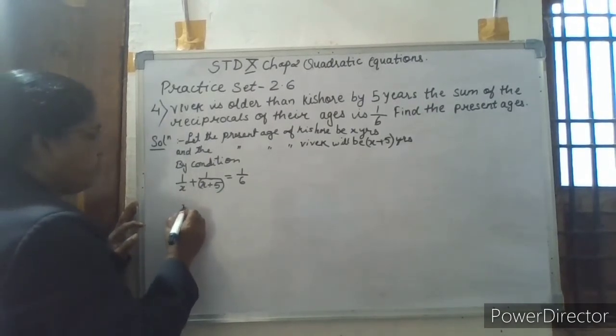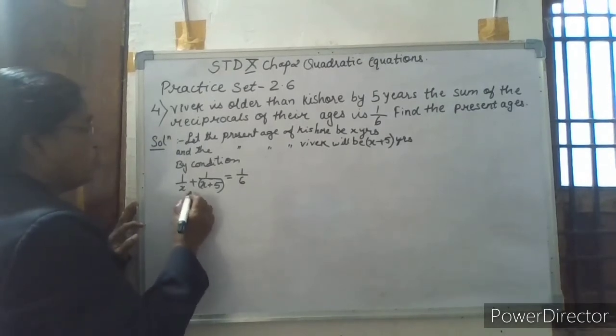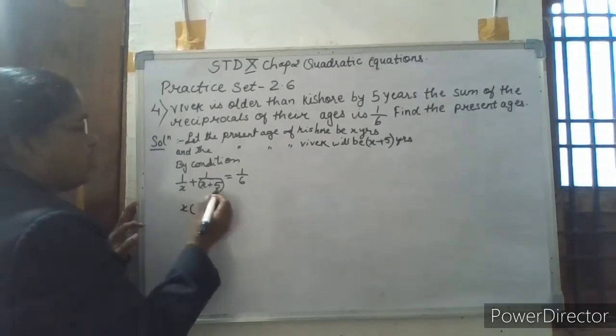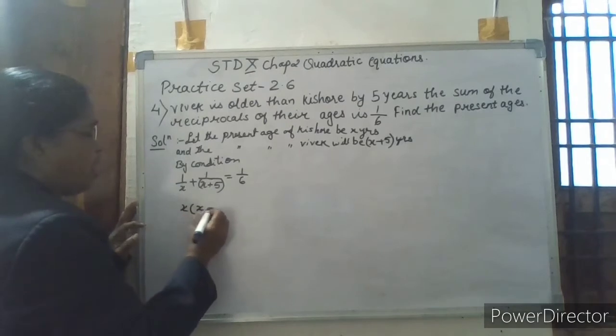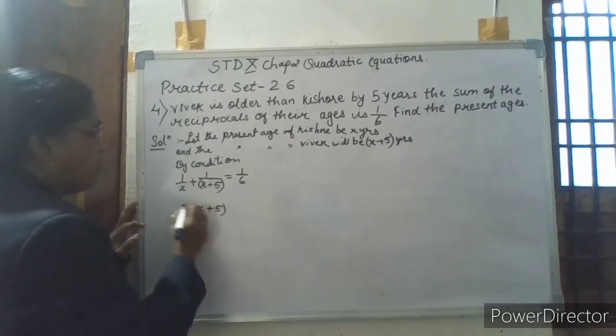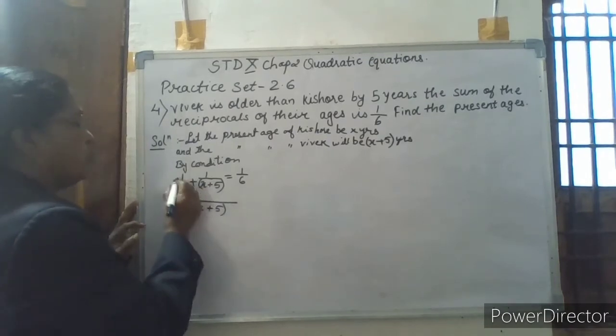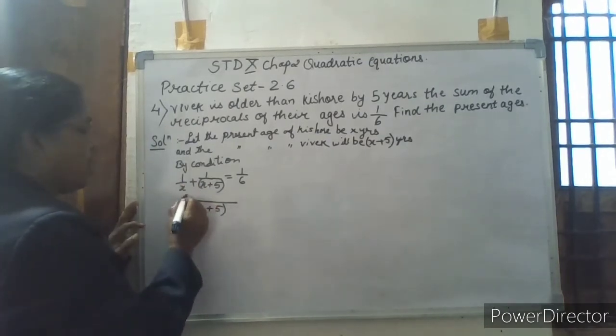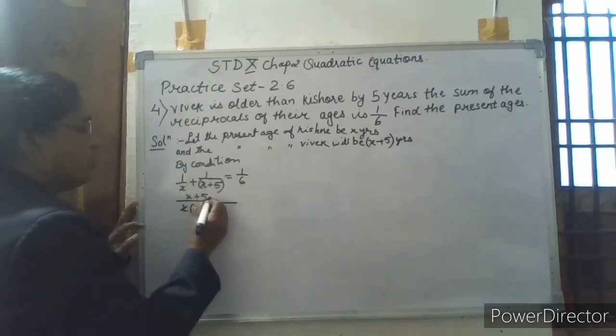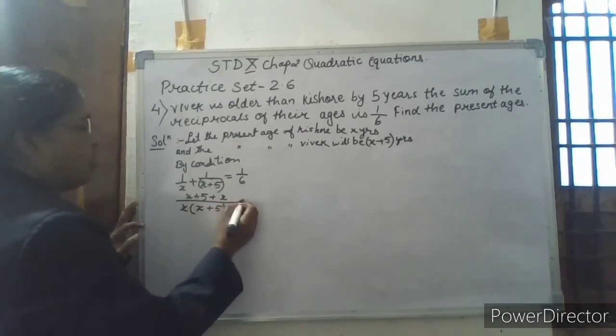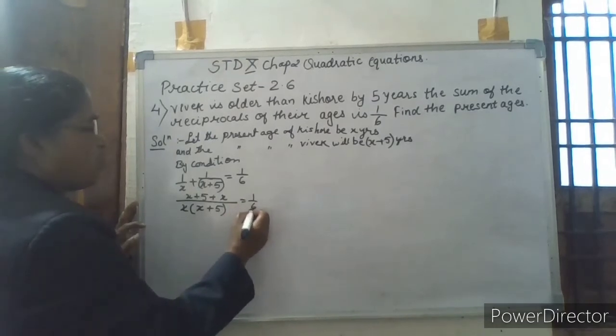So, x into the denominator, LCM taken out, x plus 5. Now, cross it: 1 into this will be x plus 5 and 1 into x is plus x only, equal to 1 by 6.